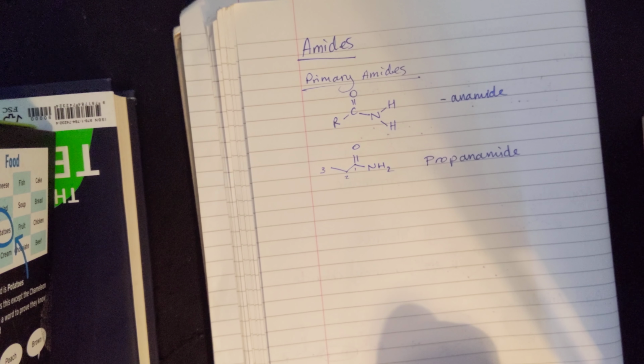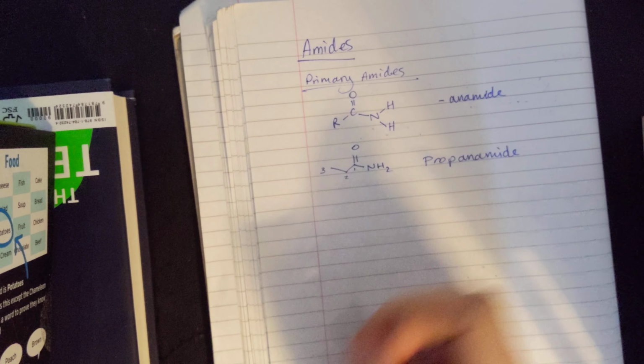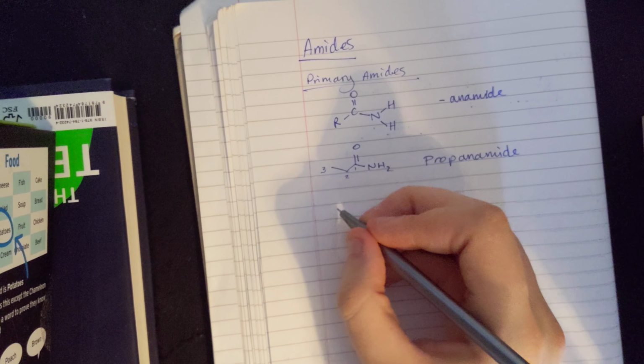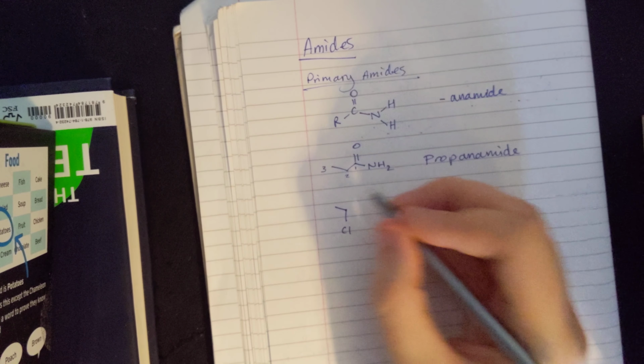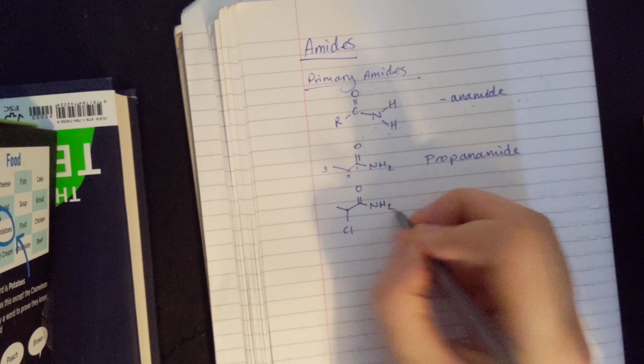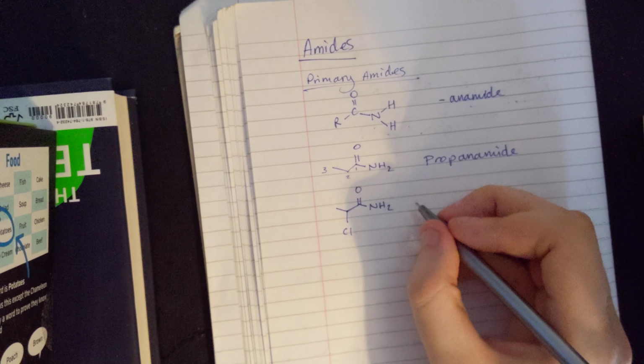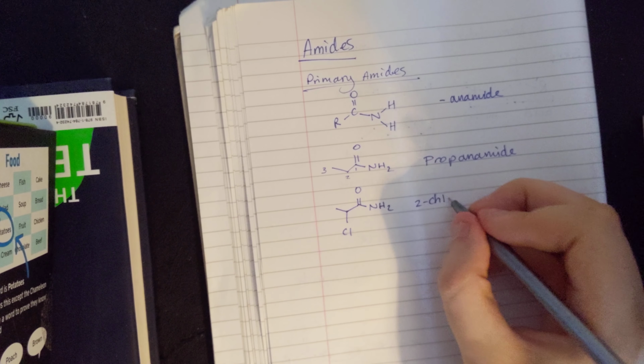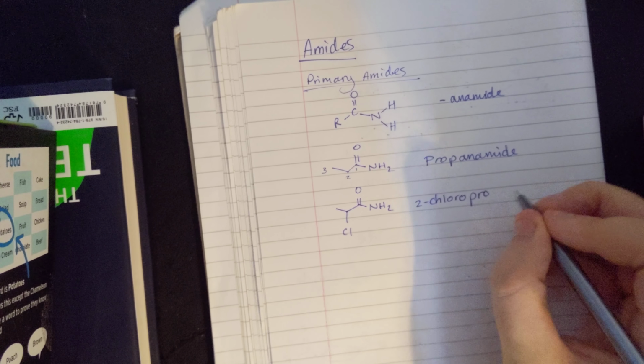They could make this more difficult, so they can start to put branching. They could put hydroxy groups on. So if I put on, let's say, a chlorine there, that becomes 2-chloropropanamide.